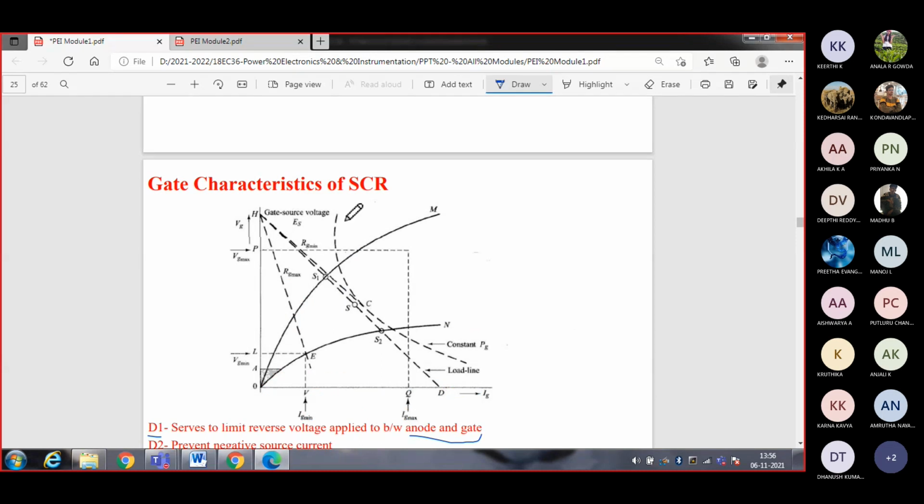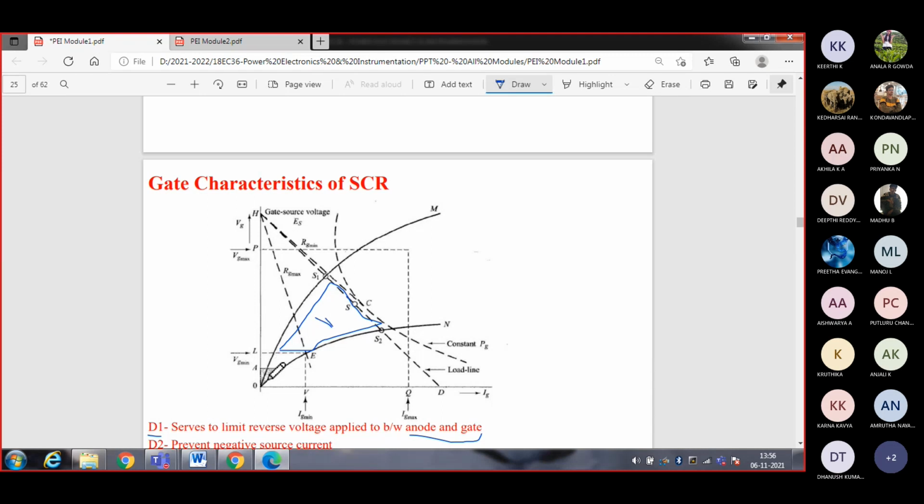You should know the gate source voltage, the current, what V is, what I is, what I minimum and I maximum are, and the region in between. See here, the region is in between. In this region only, it's going to work. This is the region where you calculate the values.